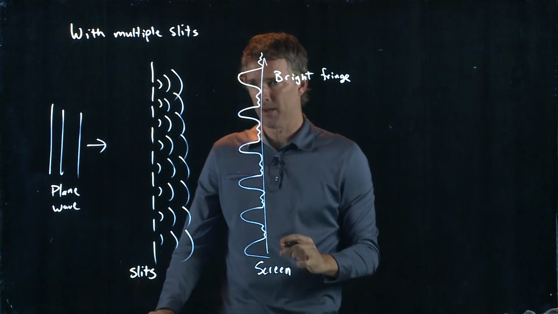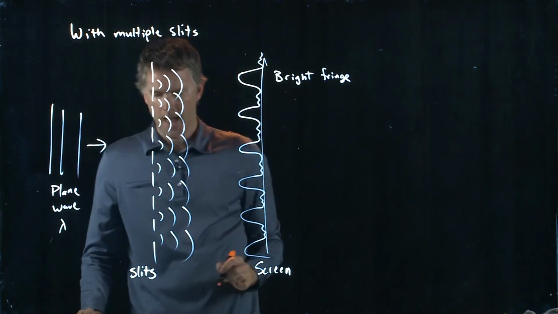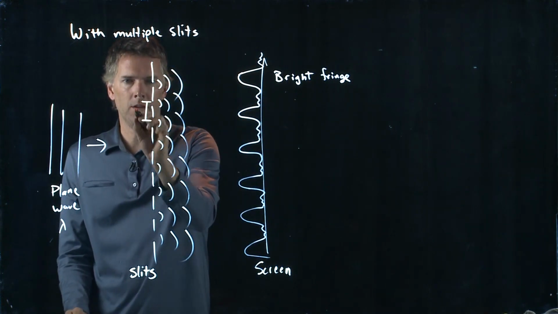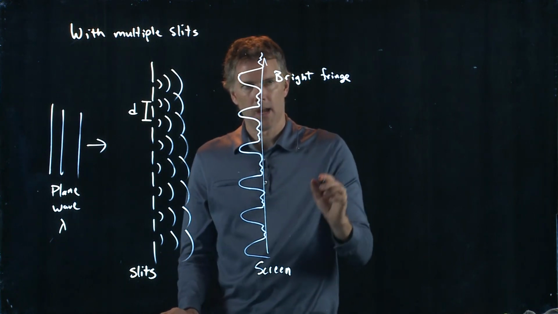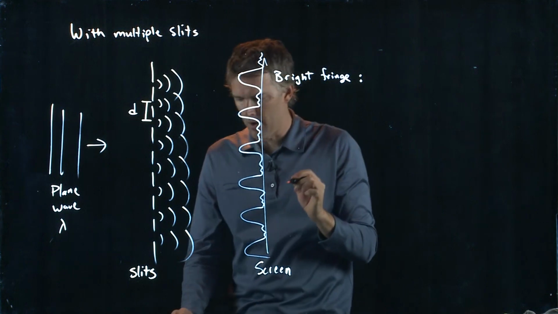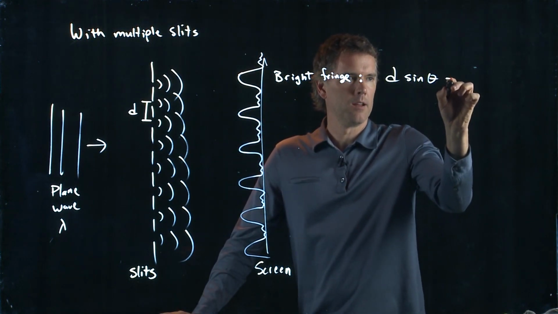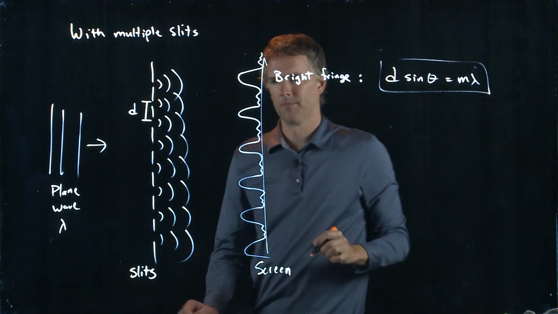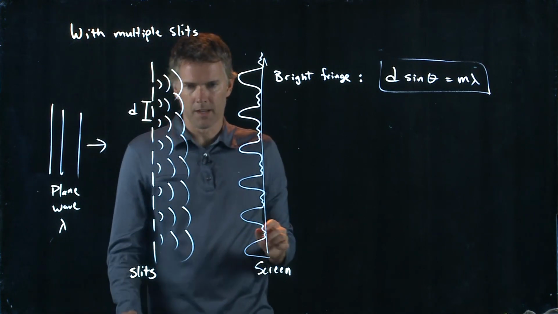is determined by the wavelength coming in and the spacing of the holes. And those bright fringes are going to appear at the following locations. d sine theta is equal to m lambda. What is sine theta?